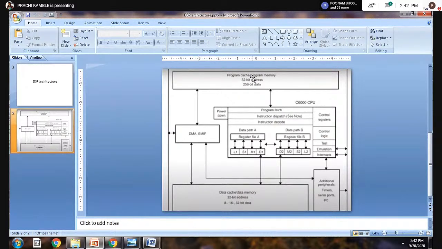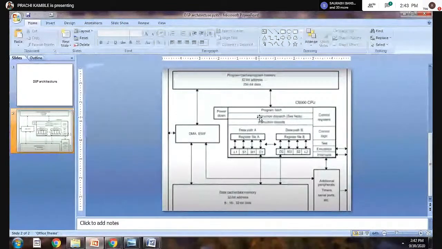So here we can see program memory is accessed directly, and this is also direct, without interfering with the CPU. No connection is going to the CPU here. So program memory is directly accessing data memory and is directly accessed by this DMA. That is why the arrow is like this.